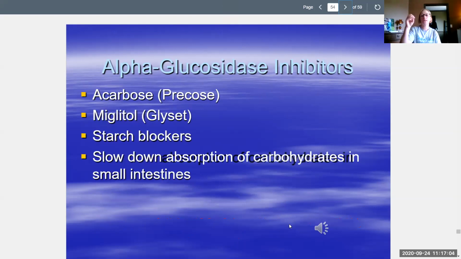So if a patient becomes hypoglycemic and they're on one of these starch blockers, you're not going to be able to reverse that hypoglycemia very quickly with just crackers and sugars or juices or pop or something like that, because that's what the drug does. It blocks the absorption of those things, so that it doesn't raise their blood glucose levels.